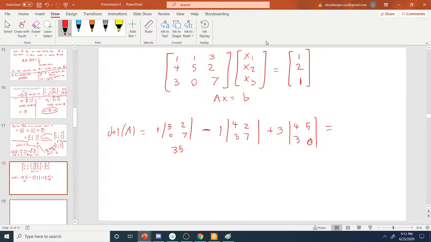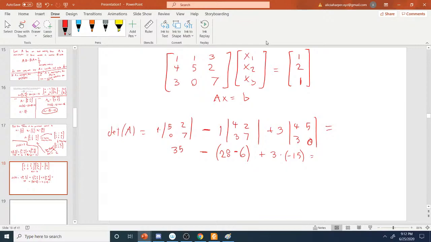Right here I get minus 28 minus 6, and then plus 3 times negative 15.